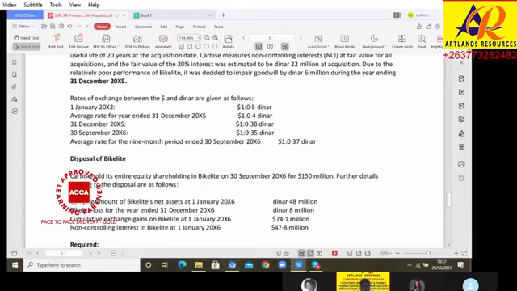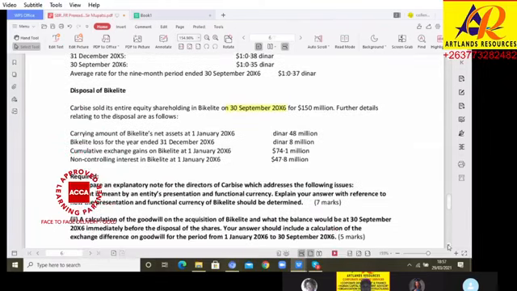Now, these are at 1 January, but we are told that it was sold on 30 September, meaning some of the figures here need to be addressed and adjusted as well.